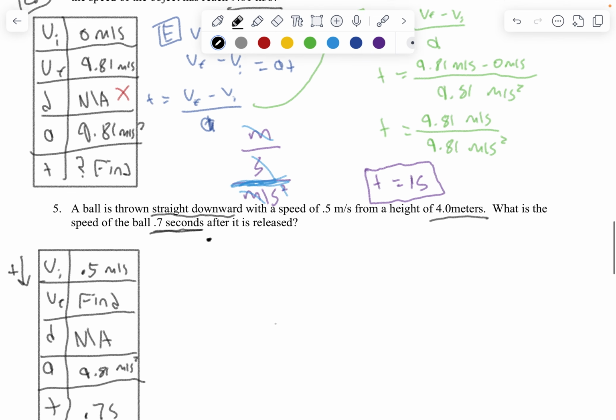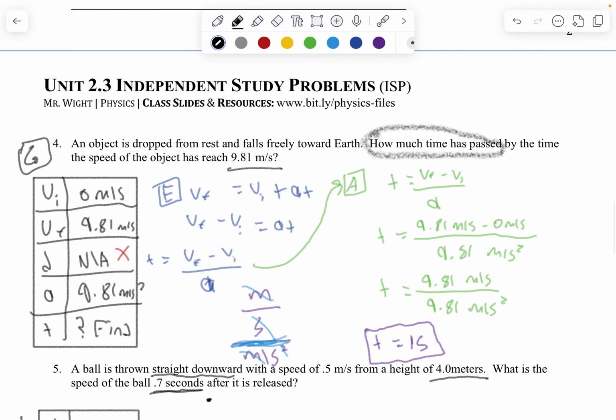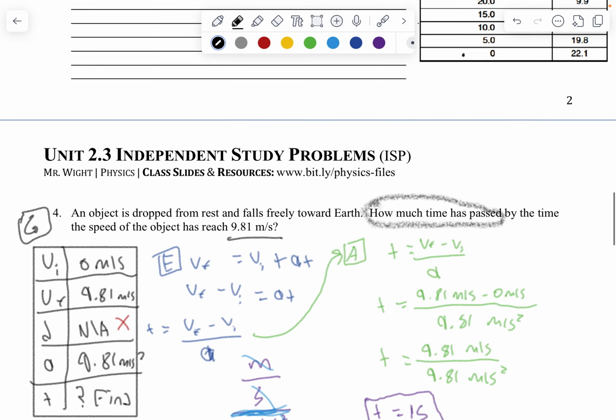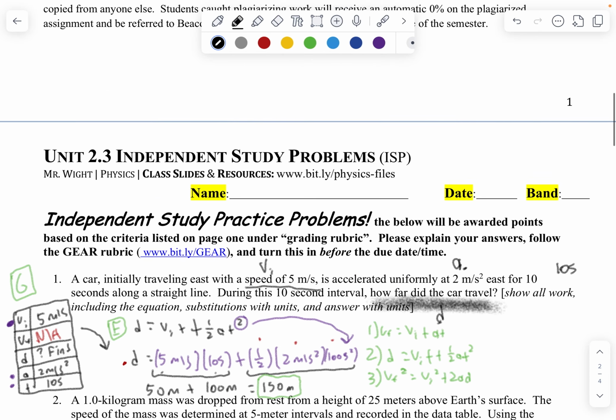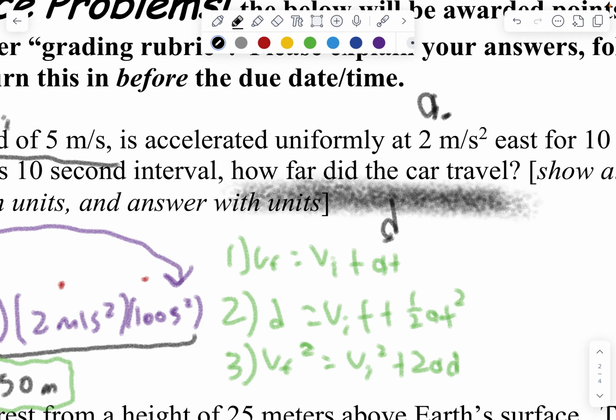So now we need to pick an equation. Which equation do we want to choose? Well, just like the last problem we solved, we do not know anything about displacement, or at least nothing that will help us solve this problem. So which equation does not include displacement? Well, the first equation: the final velocity equals the initial velocity plus acceleration times time.